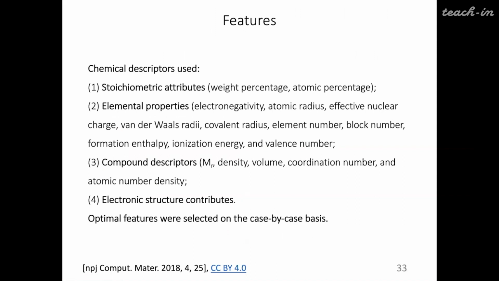as features in machine learning models. So they used stoichiometric attributes, elemental properties, just as those that we have mentioned previously in this lecture, like van der Waals radii, covalent radii, element numbers, etc. And they used simple compound descriptors and electronic structure parameters.